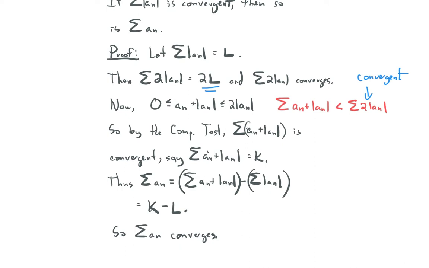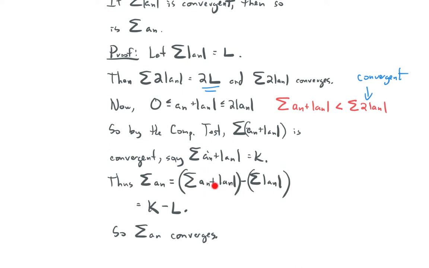And then we can just do a little bit of algebraic manipulation. So we have the sum of a_n. Well, that's the same thing as the sum of this minus the sum of this. And if we work that out, the a_n's cancel here. Since this is just a bunch of things added together, you get commutativity and you can move things around.